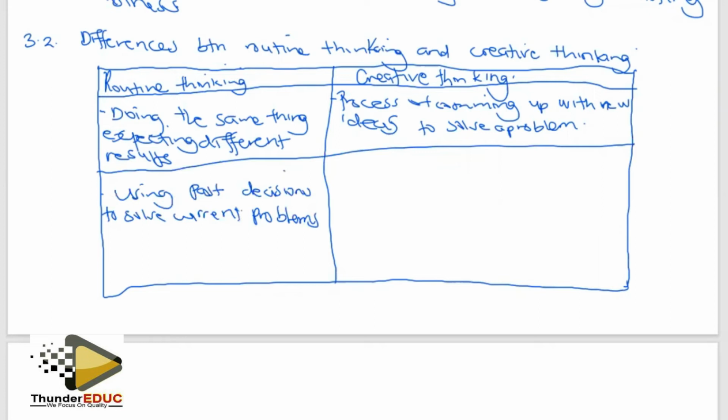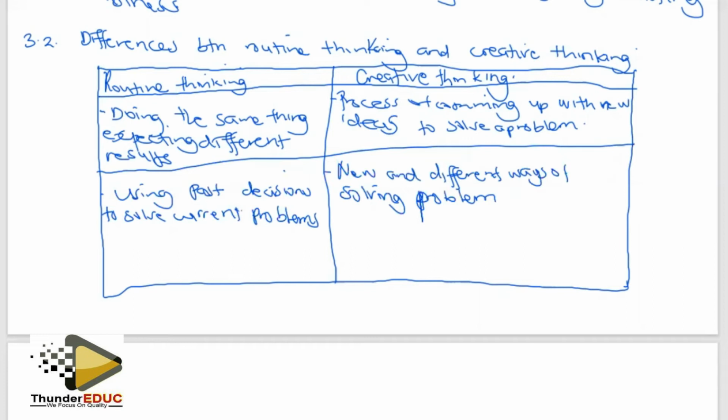We are supposed to come up with a new way of doing things, which is called creative thinking: new and different ways of solving problems. That is what we call creative thinking.